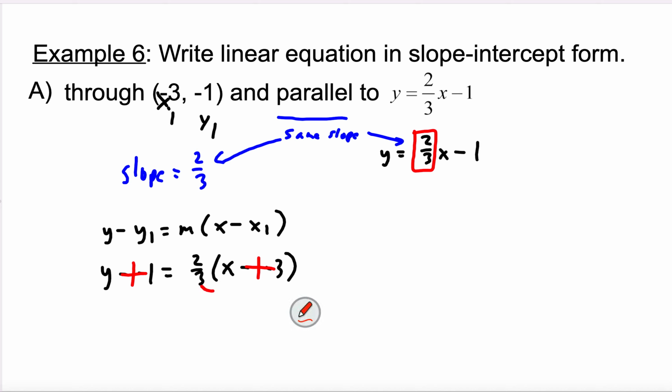Then use the distributive property and distribute the 2/3 through. So you have y plus 1 equals 2/3 x, and I'm going to put this over 1. When we distribute that through, 2 times 3 is 6, and 3 times 1 is 3. 6 divided by 3 is 2. Next I have to bring over the 1 because we want to put this in y equals mx plus b form.